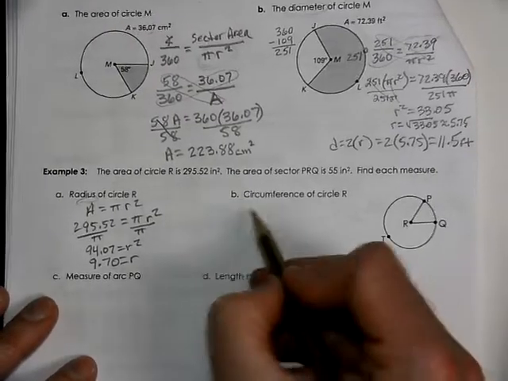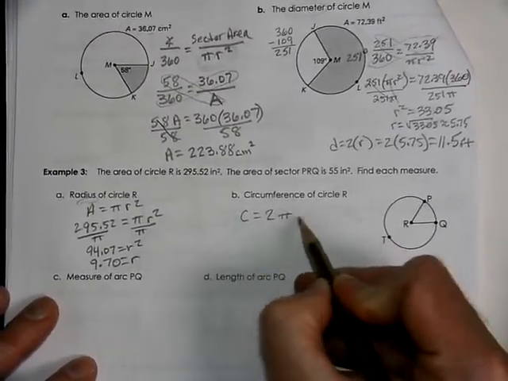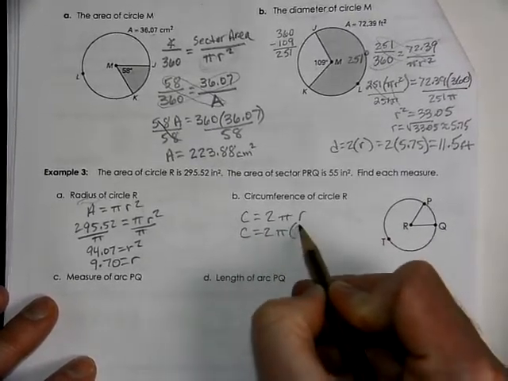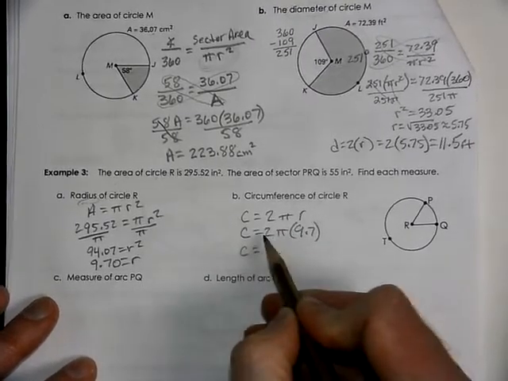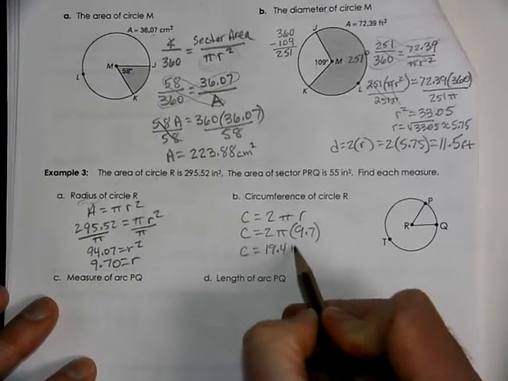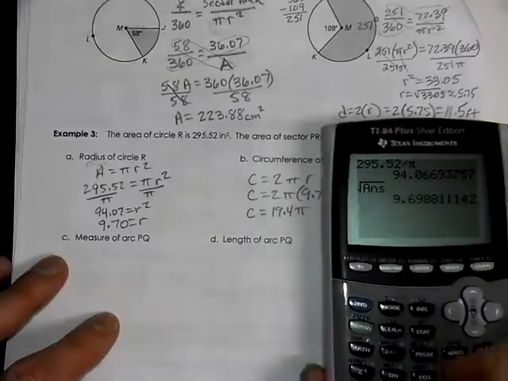The circumference of this circle, remember, would be 2 pi r. So the circumference is taking your radius and timesing it by 2. That'll be 19.4 pi. That would be your exact circumference.